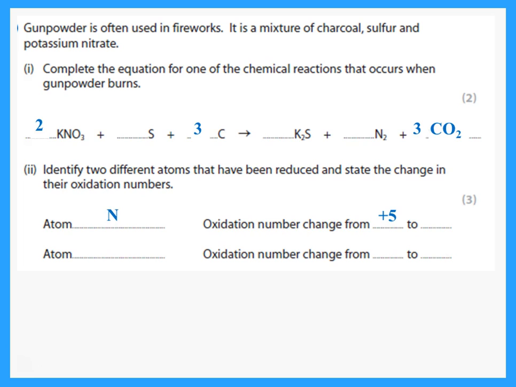Okay, it changed to what? It changed to N2. N2 is an element, oxidation number 0. What else has changed? Let's take a look at this sulfur. Oxidation number of sulfur as an element standing alone before the arrow is 0. Now, with K2S, the overall has to be 0. Each potassium is +1, so that's +2, so the sulfur has to be -2.